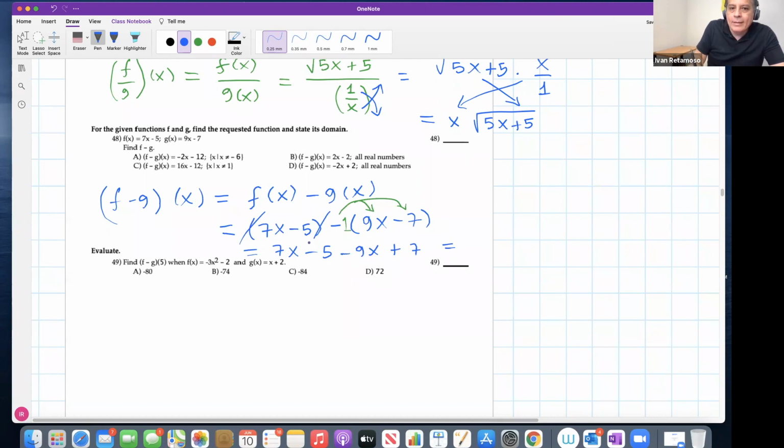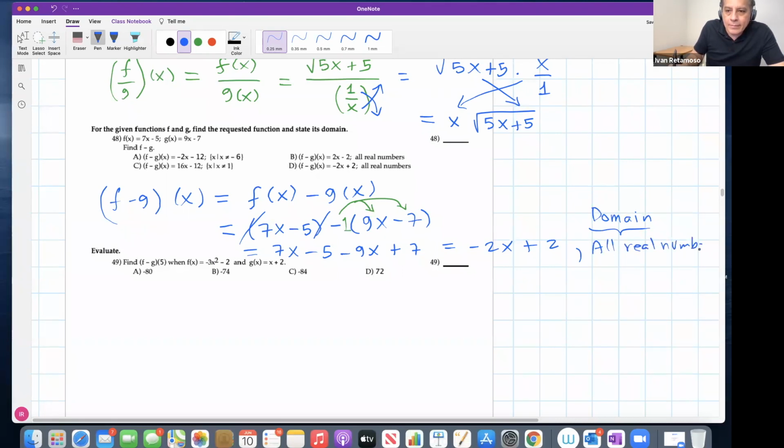All right, so simplifying, 7x minus 9x is negative 2x, and negative 5 plus 7 is plus 2. They also want the domain, right? The domain of this function, since it's a polynomial, is not hard to see: just all real numbers.